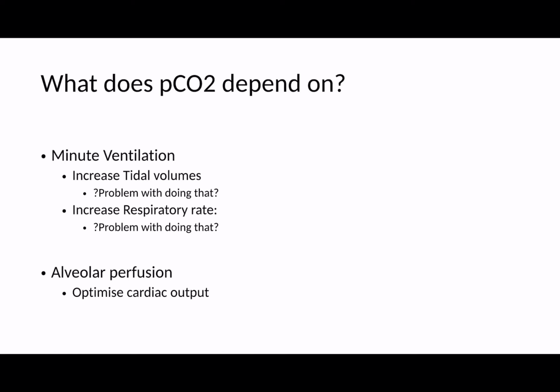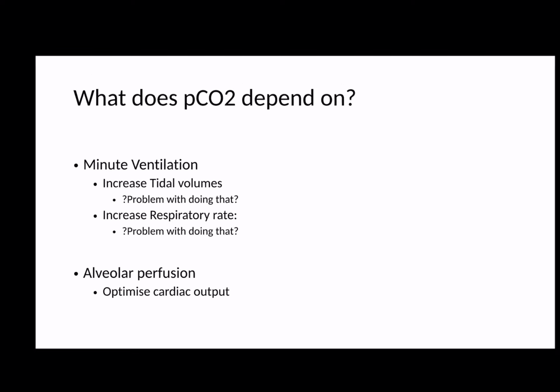So always make sure you've optimized the right side of the heart with fluids, with vasopressors, and with inotropes as appropriate, and get help with that. That is not an easy thing to do, and even the most experienced consultants still struggle to try and optimize alveolar perfusion. But don't forget about it.